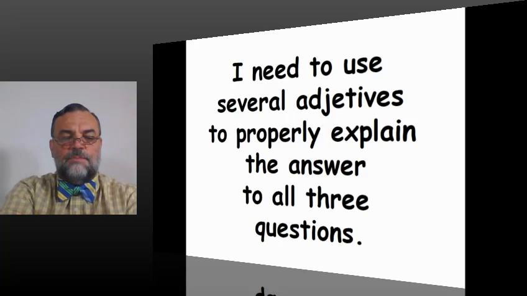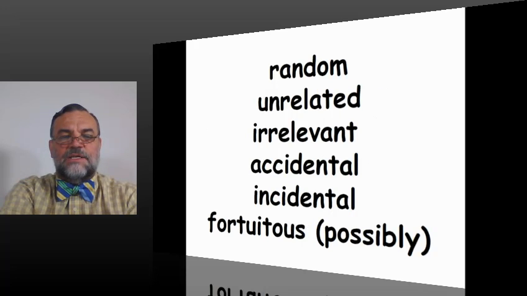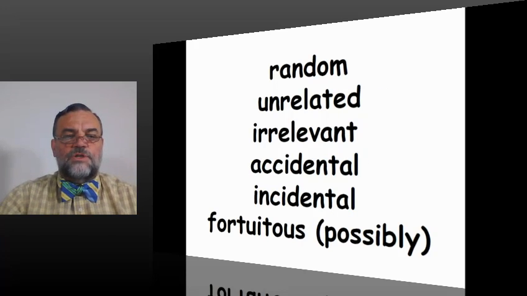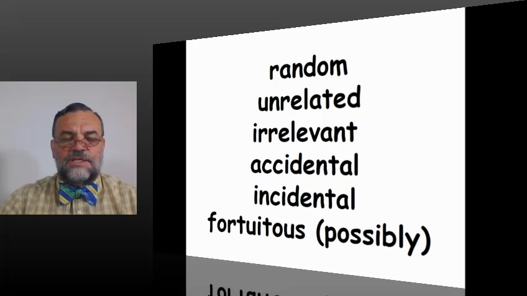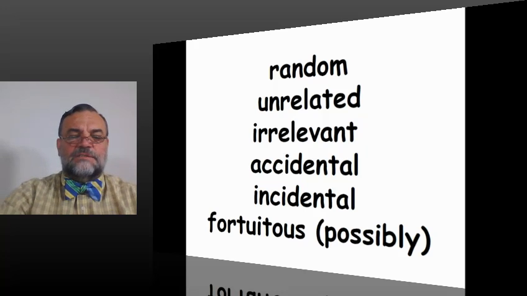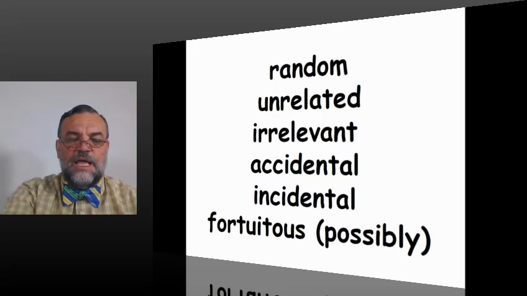And the concept, because of it being rather wide, can be explained best by several adjectives, and these would be the adjectives that I would want to use. First of all, random. Second of all, unrelated. Third, irrelevant. Fourth, accidental, and then incidental, and then fortuitous, in parentheses, possibly.